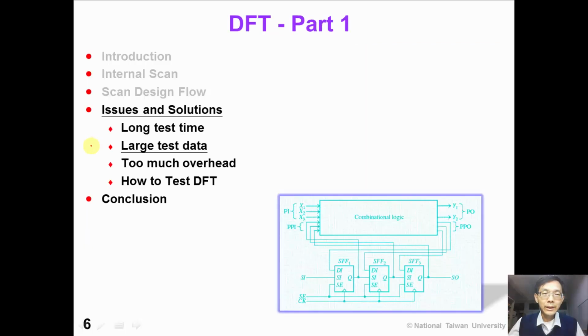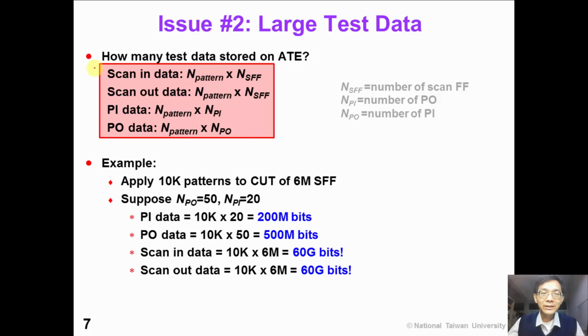So now let's look at the second problem, large test data volume. If we want to apply a scan test on the tester, what is the amount of test data to be stored on the tester? The amount of scan input data is equal to the number of test patterns times the number of scan flip-flops, and the amount of scan output data is the same.